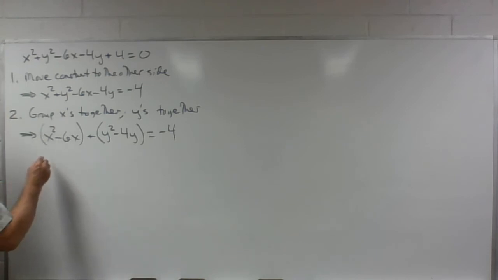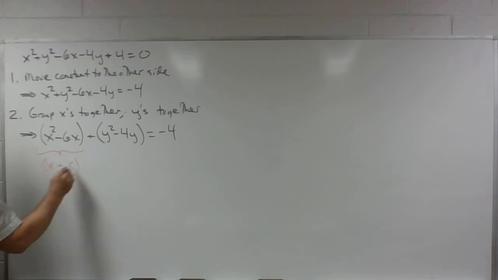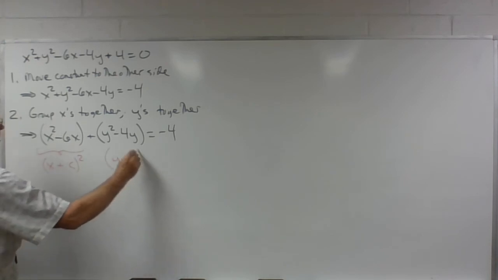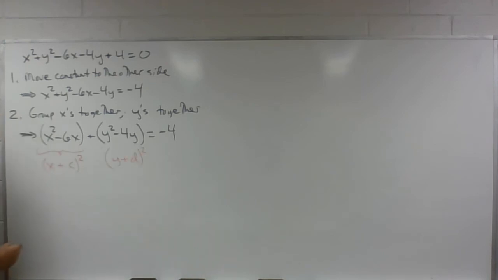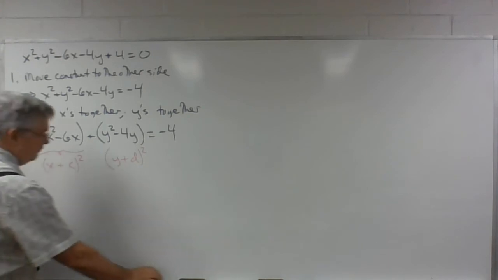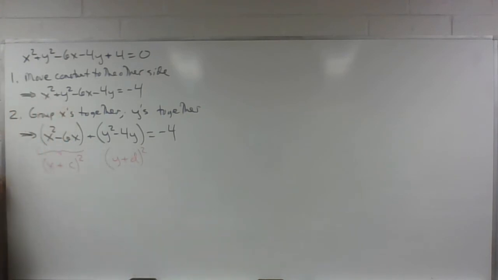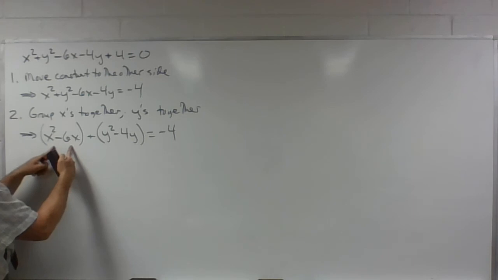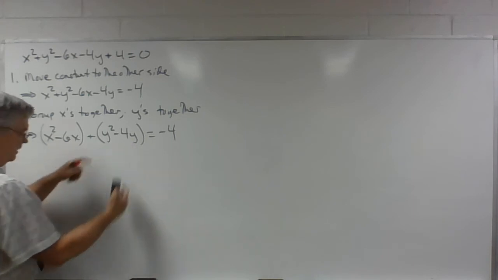So what I want is to be able to write this as x plus some constant squared and y plus some other constant squared. That's what I want to do. So I'm grouping my x's and y's separately, and I'm going to complete this square separately and complete this square separately.